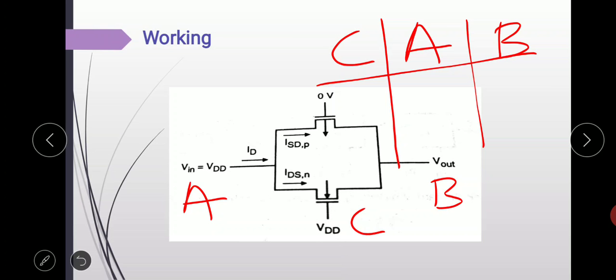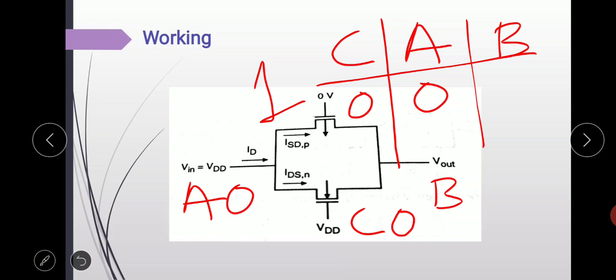Okay, so if we have two input signals, then we get 4 input combinations. So when C equals 0 and A equals 0, if we give 0 as a control signal to the NMOS, we know that it remains in off condition, and the PMOS is also in off condition, as here the complement is given, that is 1.